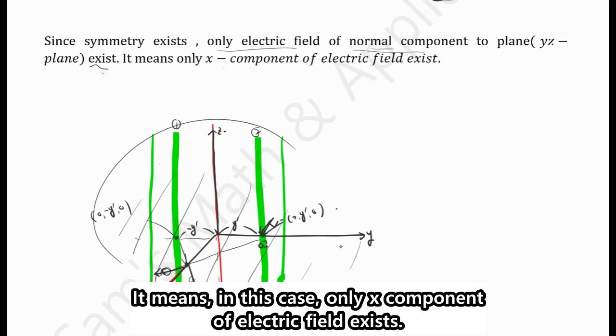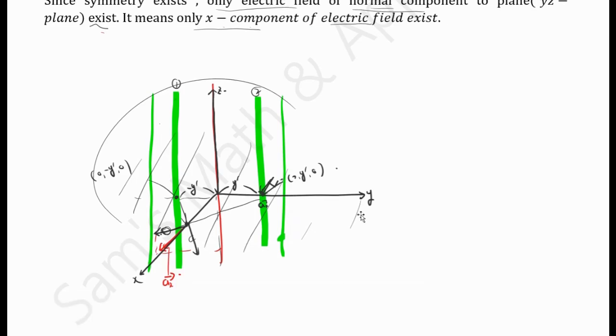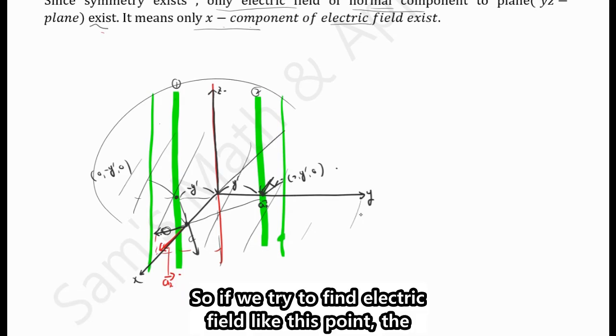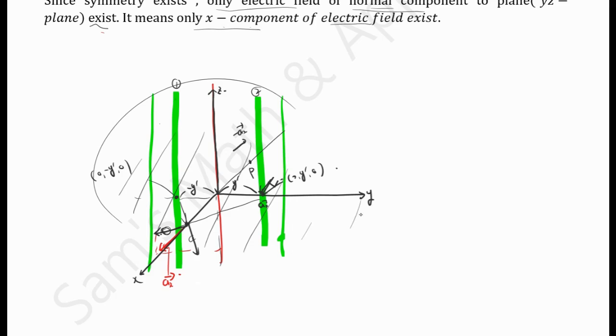In this case only the x component of the electric field exists. The total electric field direction from a surface charge is perpendicular to the plane. So if we try to find the electric field at a point on the other side, the direction of the total electric field is the minus x direction.